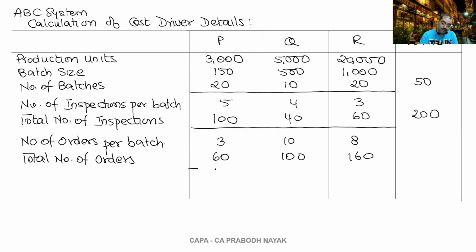Total 320. Okay, so these are my cost driver details. Any difficulty in the calculations here? All calculations you have understood, I suppose.